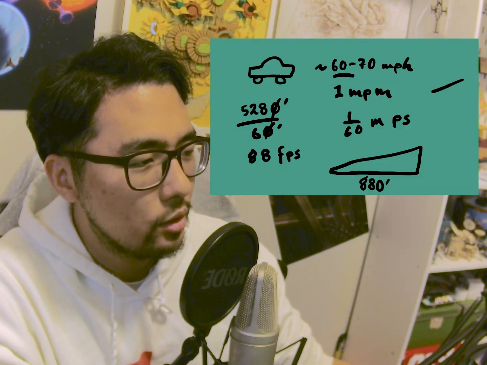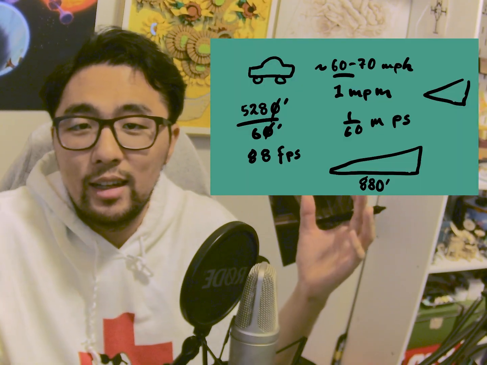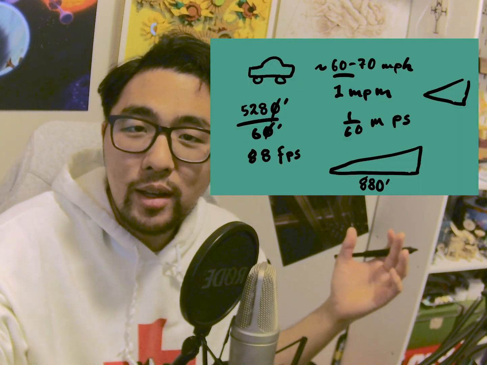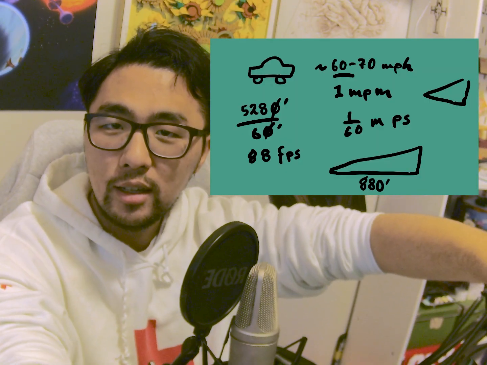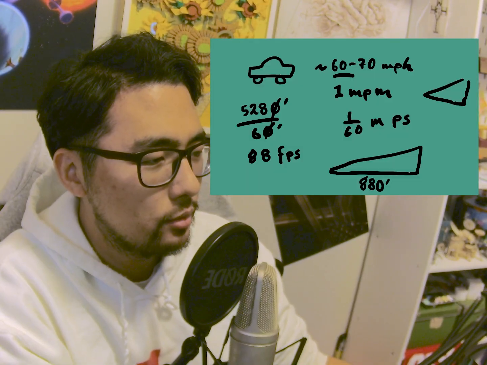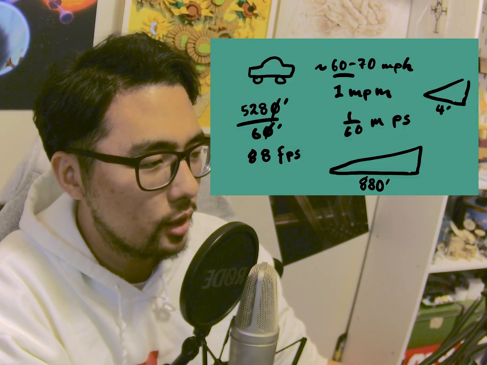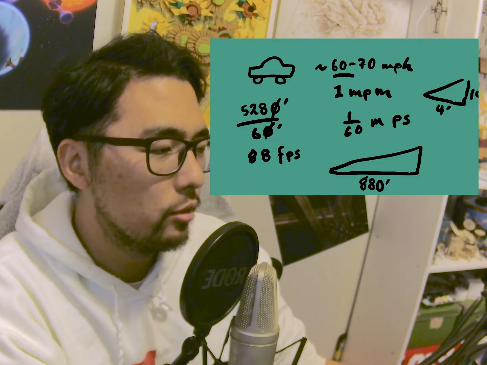So if we use triangle similarity here, I'm just guessing that the way you see things far away is that you want the size to be proportional as it gets further away. So 880 feet, and we said 4 feet, I think, right? And 14 points, which means 14-point font.